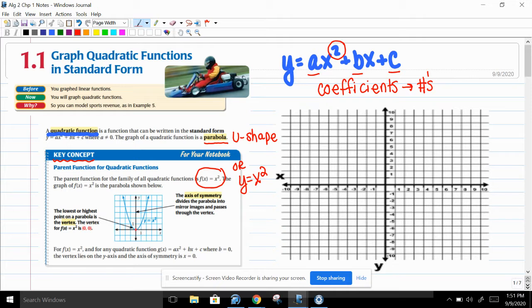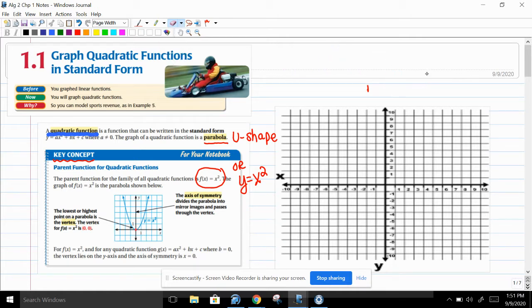Now, if I was to make a quick table for this graph of y equals x squared, I'll do it up top here, I'll create myself a little more space. So I'm going to make an xy chart here.